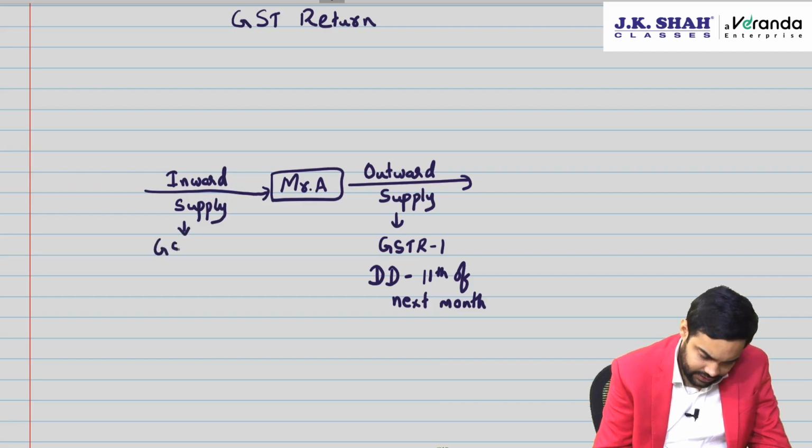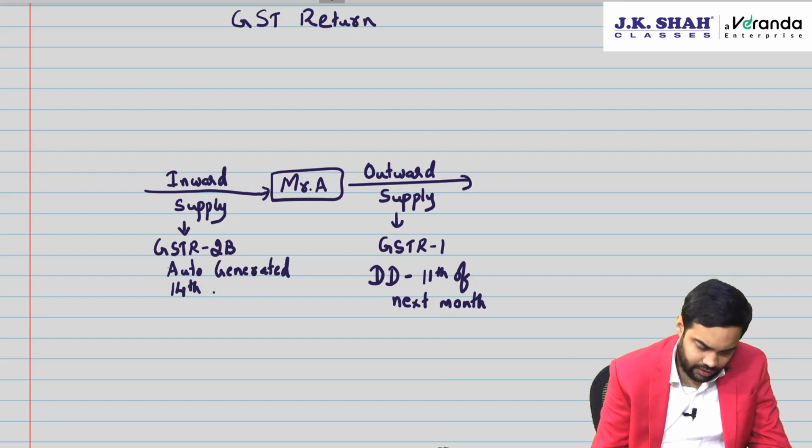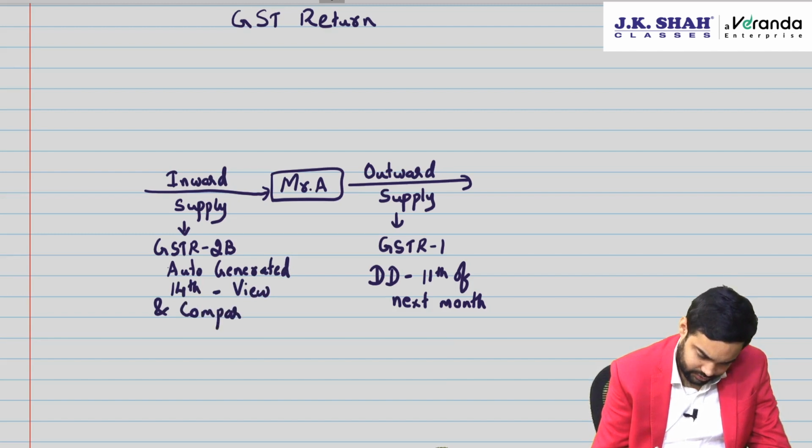There's a form GSTR2B which gets auto generated, and this is generated on 14th, and we view and compare with our books.